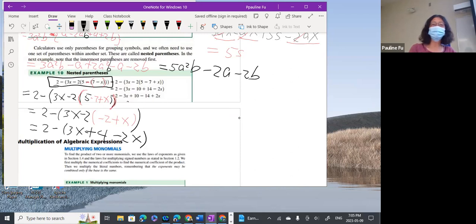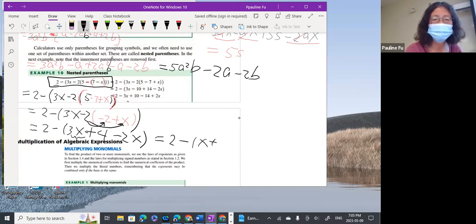In front of the bracket, you have -2. So -2 times -2 is 4. -2 times x is -2x. And now, continue. So collect like terms, 3x minus 2x, that is x.